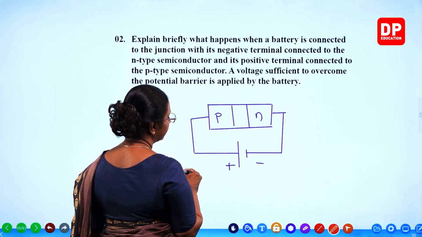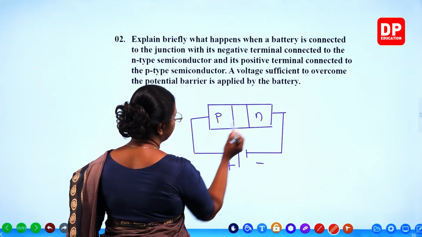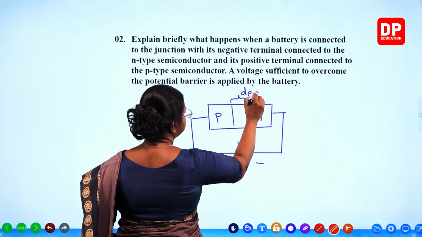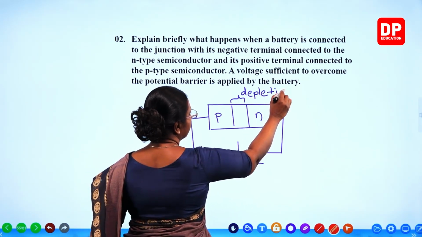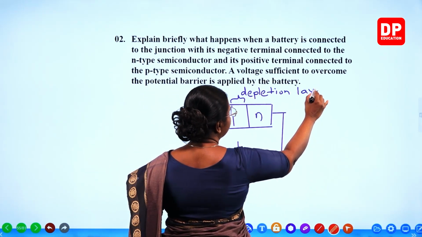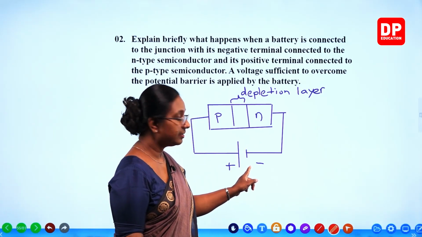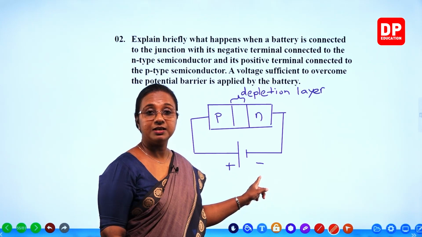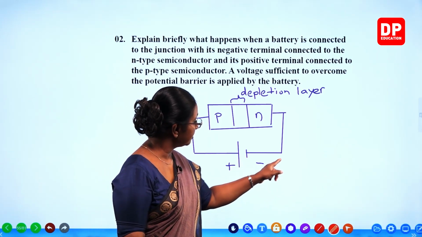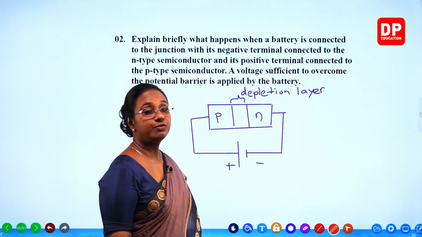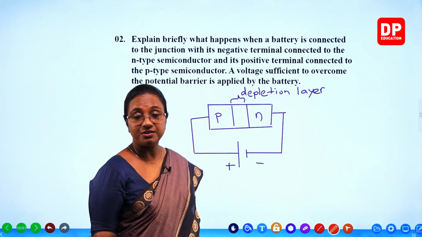Positive terminal connected to P and negative terminal connected to N. This is the depletion layer. What will happen here? Now the negative terminal is connected here, so electrons will flow this way and it will push the electrons to move towards the depletion layer.